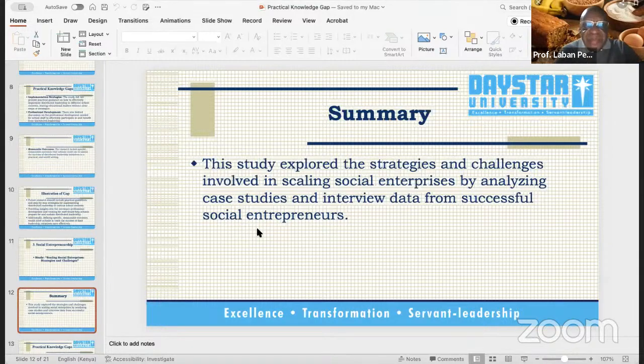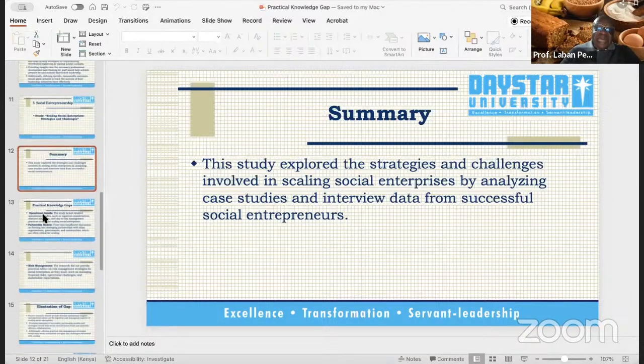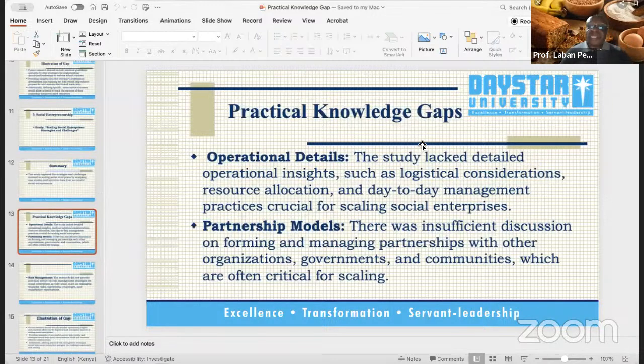You're going to look at Ambwere in Western Province, somebody who didn't go beyond class 2 and is a business magnate. And then you're also going to look at MP Shah Hospital, which is a social entity. You're also going to interview people to see how practical that has been. Look at the practical knowledge gaps.